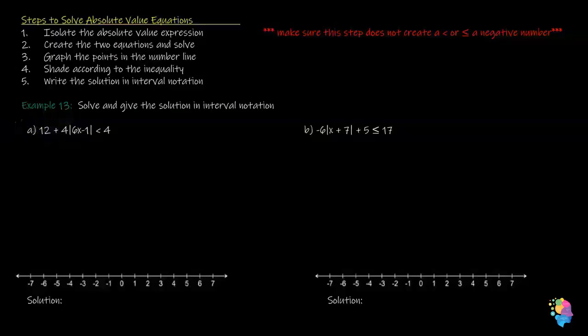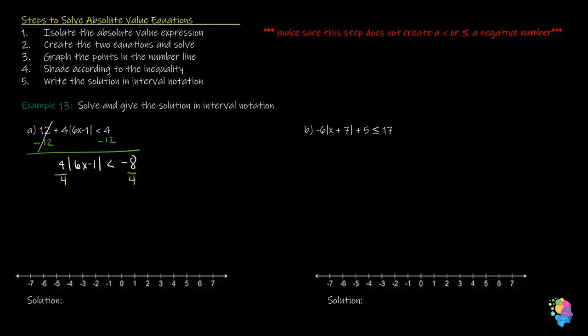And we do that by subtracting 12 from both sides. From left to right, the 12s get eliminated, leaving me with 4 times the absolute value of 6x minus 1 is less than, well, 4 minus 12 will be negative 8. We are not done. We need to move that 4 since it's multiplying. I'm going to divide both sides of the inequality by 4.